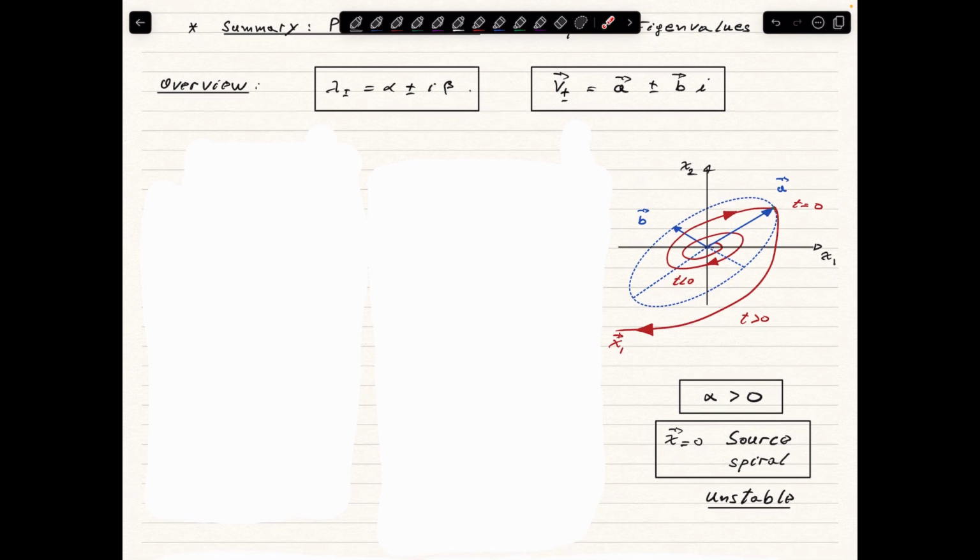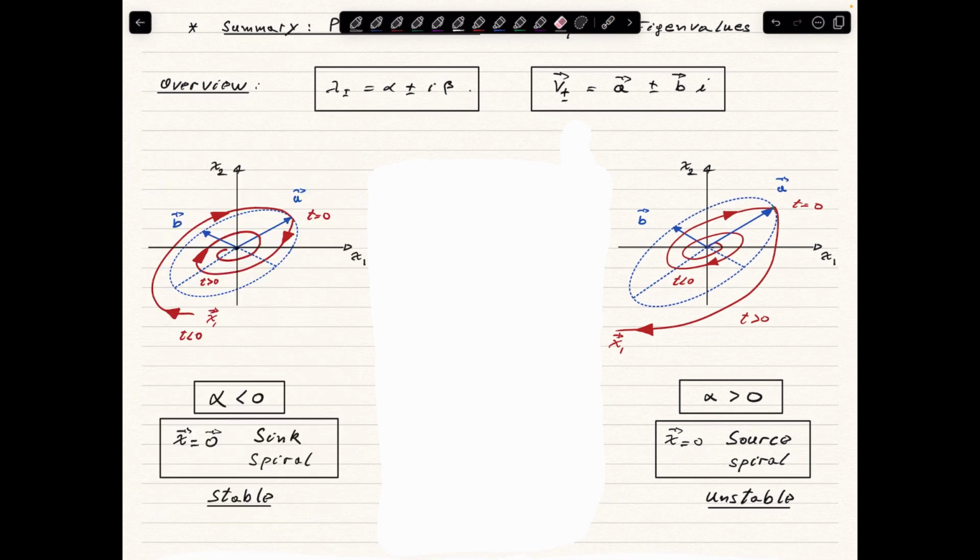Then we have the other case, which is alpha negative, and the solution here goes towards the origin, so it's called a sink spiral. Again, the direction of rotation in these two cases, and in all cases, is from A to negative B. Let's put negative B here to emphasize that, because it's kind of important.